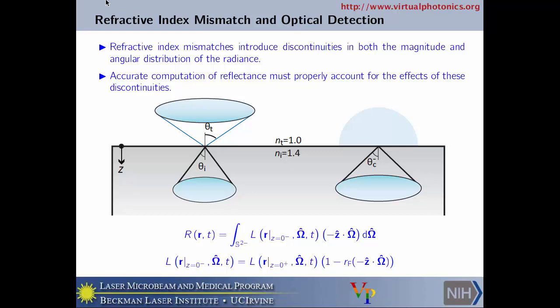So this is the general equation for the reflectance, but of course it involves the radiance on the other side of the boundary. And the radiance on the other side of the boundary is related to the radiance inside the tissue, which we're solving for, parameterized by what escapes through the Fresnel reflectance, okay? So in these equations you solve for the radiance inside the tissue, and to get reflectance you have to apply this final equation.